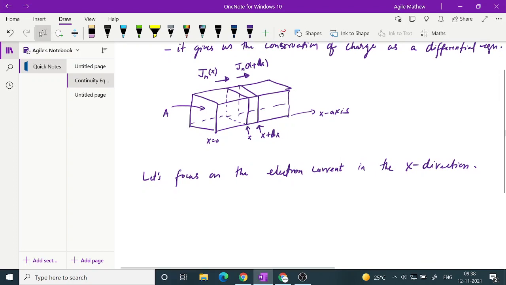So what is the number of electrons entering the strip if Jn is the current?